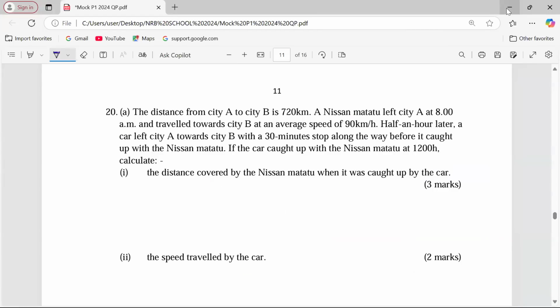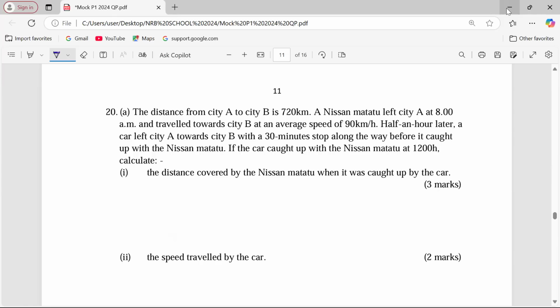Number 20, part A. The distance from city A to city B is 720 kilometers. A Nissan Matatu left city A at 8 a.m. and traveled towards city B at an average speed of 90 kilometers per hour.